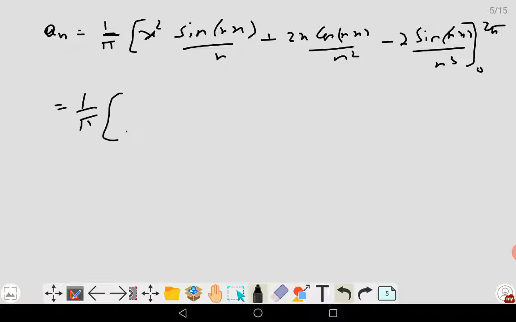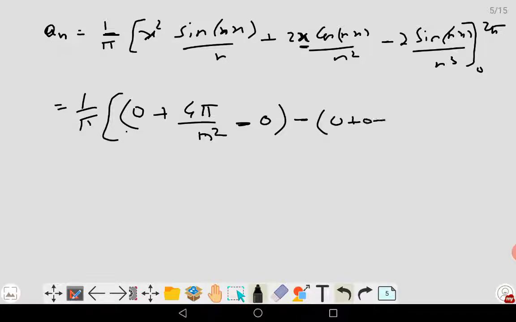Substitute upper limit 2 pi: sine 2 pi n will be 0, cosine 2 pi n will be 1. Here x is 2 pi, so it will be 4 pi times 1 over n squared, minus again sine will be 0. For the lower limit, sine is 0, the cosine term is multiplied by x which is 0, so it is 0, and sine is again 0, so all the terms will be 0. So an is equal to, this pi will be cancelled with this pi, so an is equal to 4 over n squared.